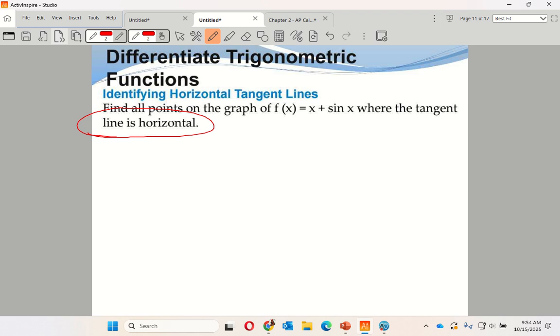With your hands right now, show me a horizontal line. Very good. So what is that slope? 0. So that tells me I want to know where f prime of x equals 0. That's key. That's probably going to be one of the biggest things that you pick out of this whole lesson, is remembering that right there.